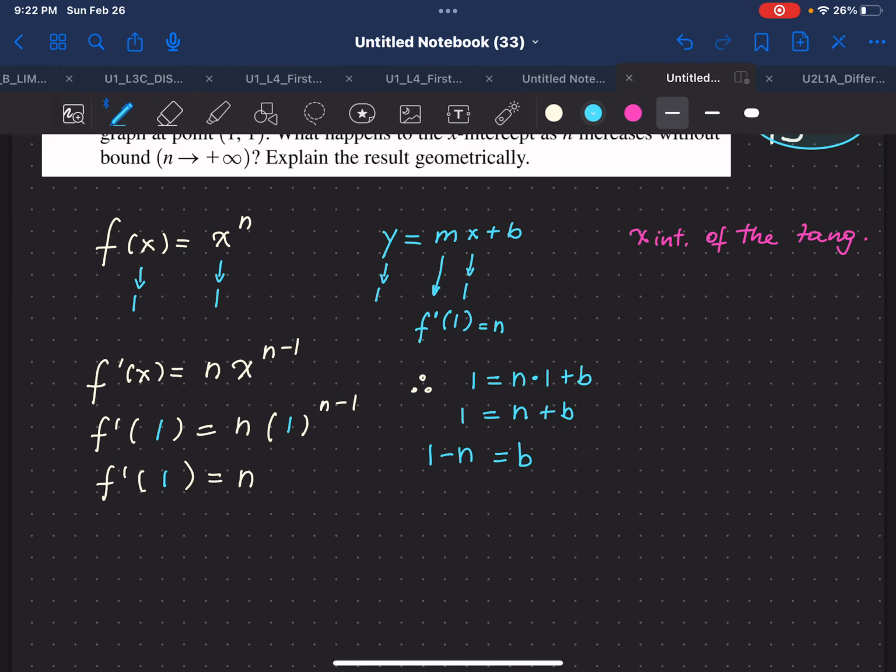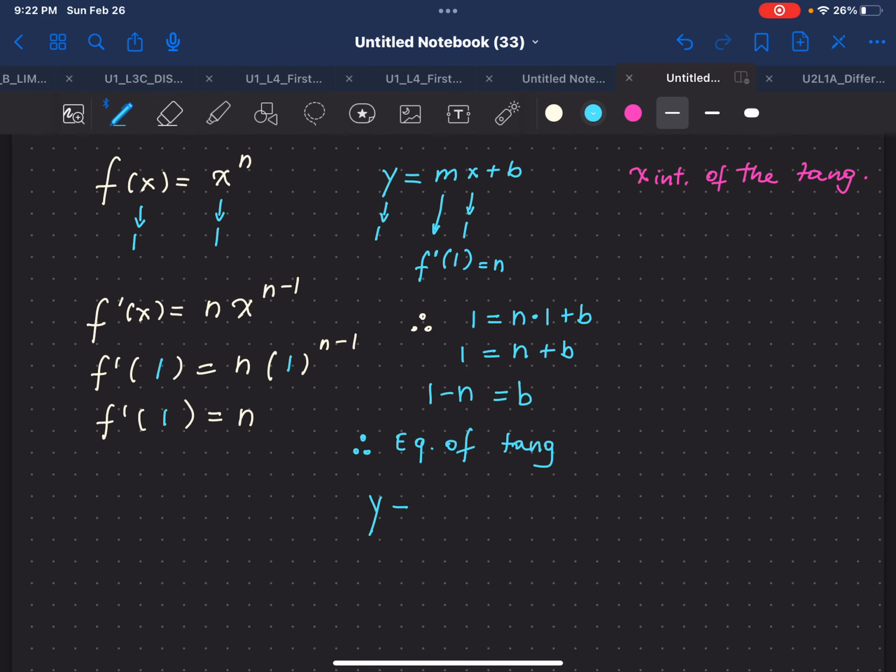So the value of b is 1 minus n. Therefore, the equation of the tangent line would be y equals nx, where n is the slope, and then plus the y-intercept, which is 1 minus n. So this is the equation of the tangent.